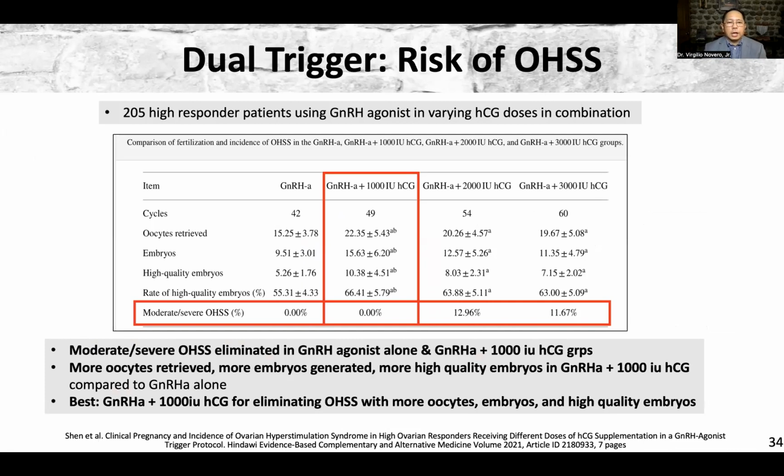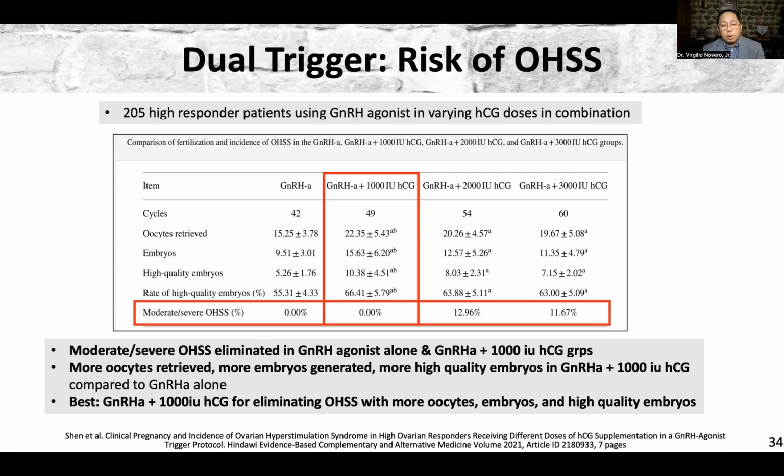In another study comparing the effects on the degeneration of OHSS, Shen et al. compared the results in the GnRH agonist only, GnRH plus 1,000 IU HCG, plus 2,000 IU HCG, and plus 3,000 IU HCG, and found that it was only in the GnRH agonist and the GnRH agonist plus 1,000 IU HCG to have eliminated your moderate to severe OHSS.